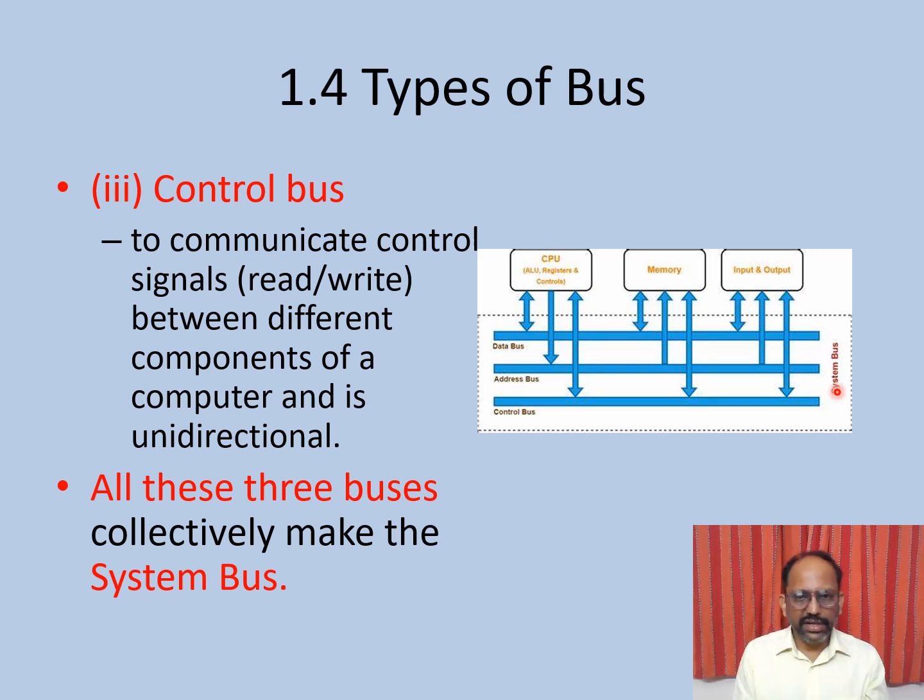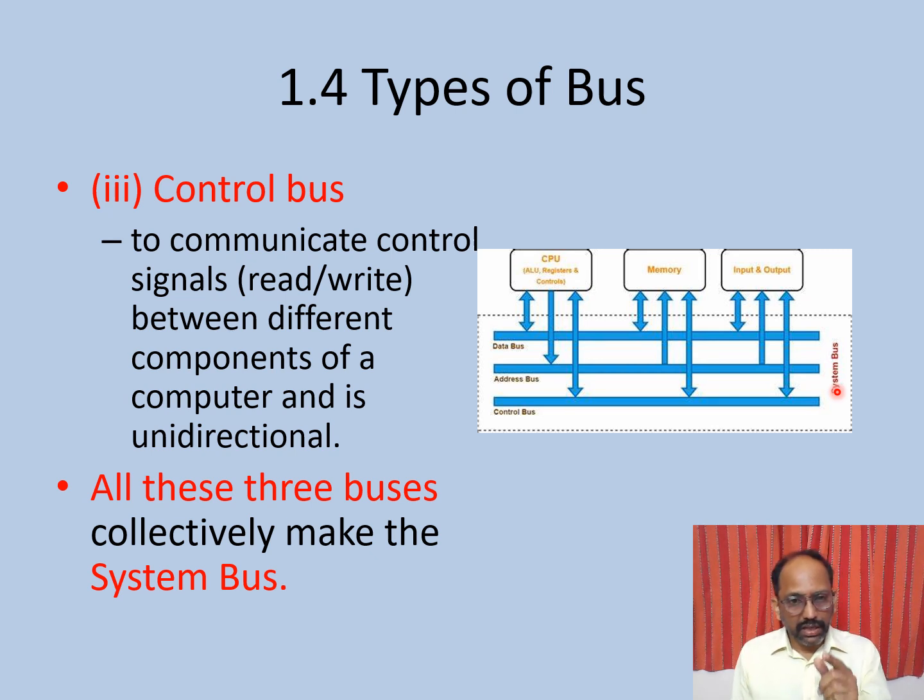Now this generated result must be stored in the primary memory. Where it has to be stored? It has to be stored in the free location of the primary memory. The control bus will send the control write signal, then data cannot be immediately sent.